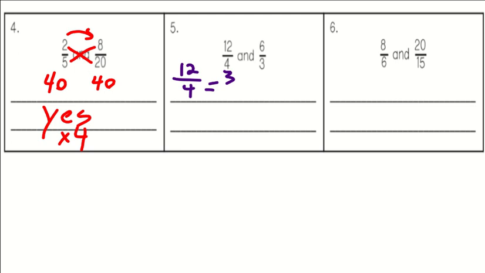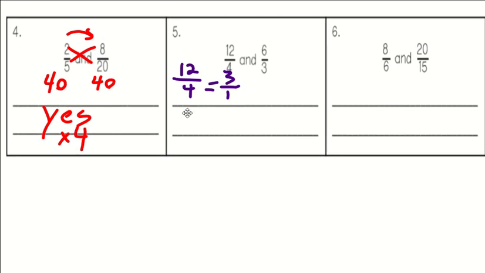When we get a whole number, remember what do we do with it then? Put it over 1. So we got 3 over 1. We do the same thing with the other one. So we got 6 over 3. And we get 2 over 1. Are those equivalent then? No. If they were equivalent, they would simplify to the same thing.